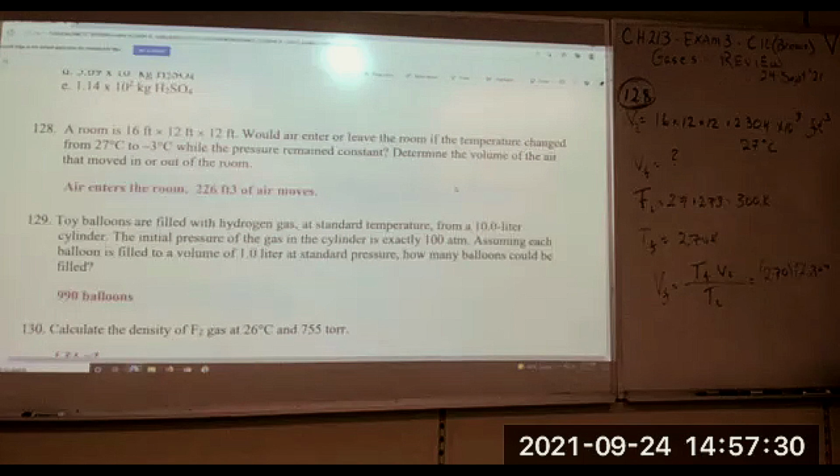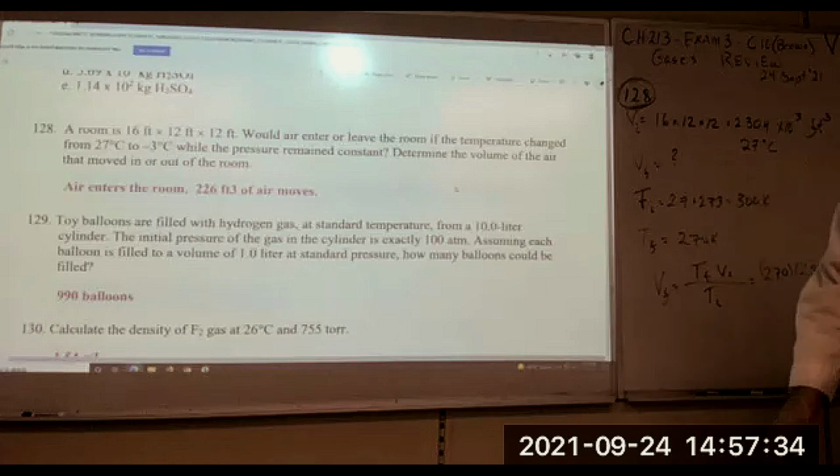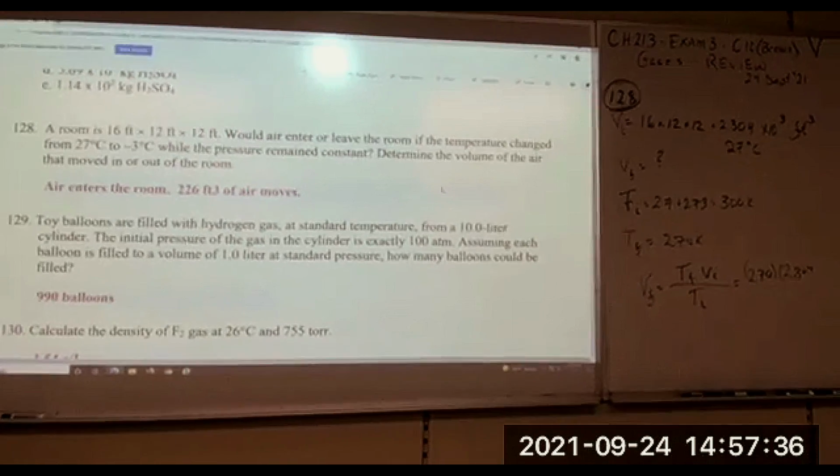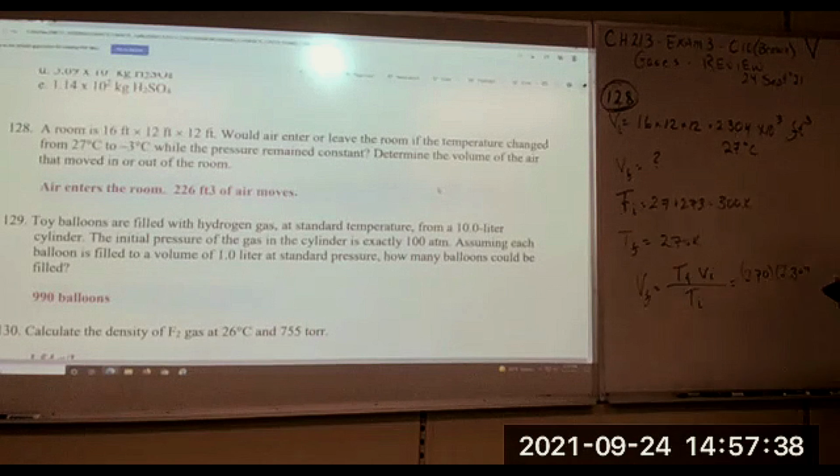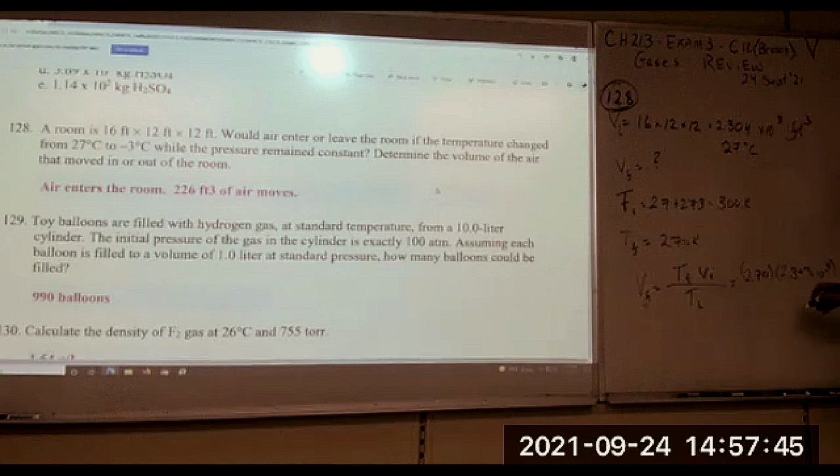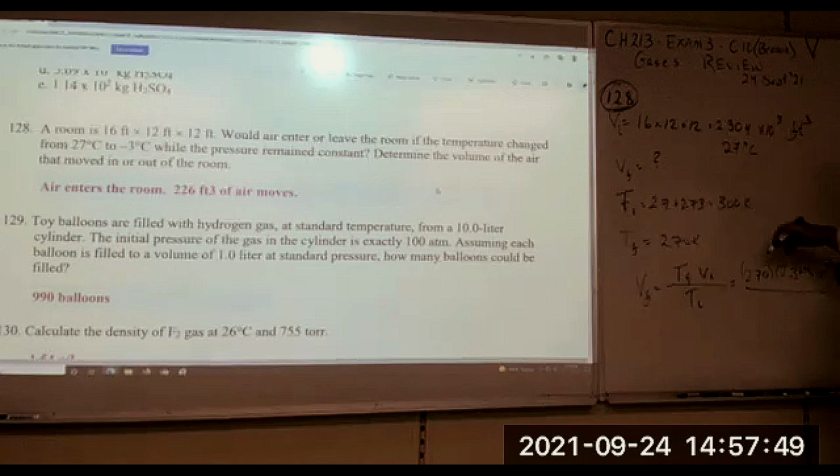2.304 times 10 to the third cubic feet, divided by the initial temperature, which is 300.